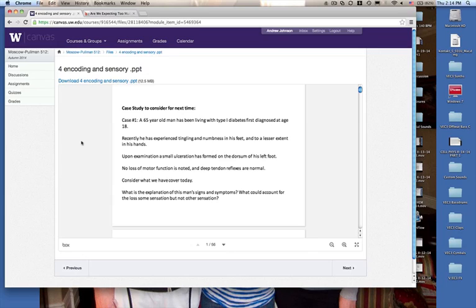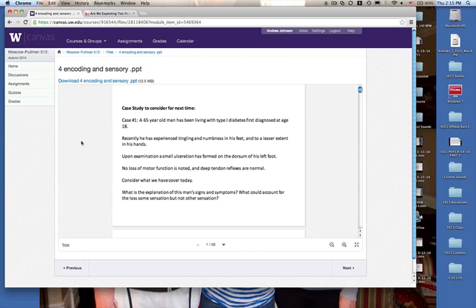Maybe he's not really good at monitoring his blood glucose and taking insulin. So more recently he started to have tingling and numbness in his feet, and to a lesser extent his hands. And you're able to find a small ulceration in his foot. So no loss of motor function, and the deep tendon reflex is normal. We'll talk about reflexes in a few weeks, but the reflex for now is normal.